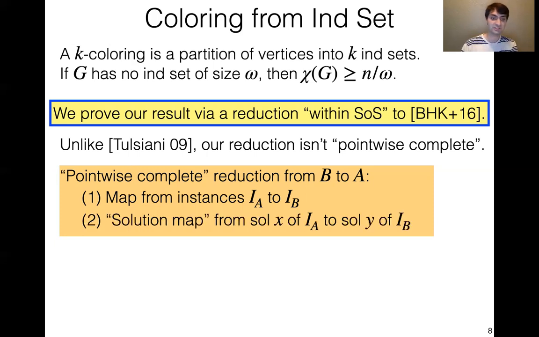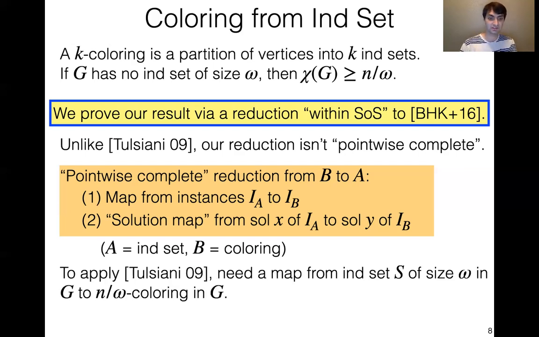But the pointwise completeness is property 2 here, which is that it also comes with a map that basically will take any solution x of the instance I_A to a solution y of I_B. So what does that mean for coloring and independent set? Well, for our case, problem A is independent set, problem B is coloring. And so to apply this Tulsiani type framework, we need to have a map that takes an independent set of size omega in G and constructs an n over omega coloring from it.